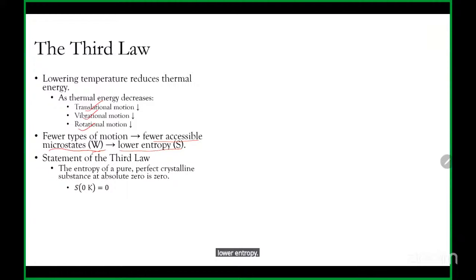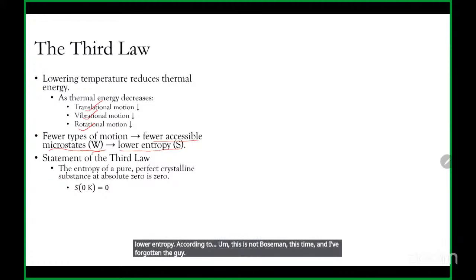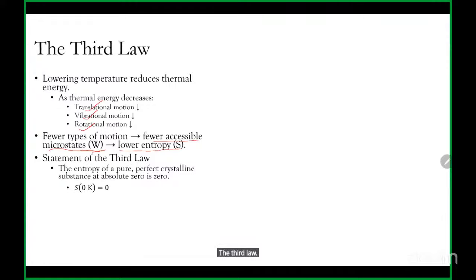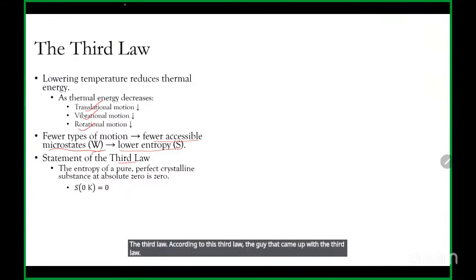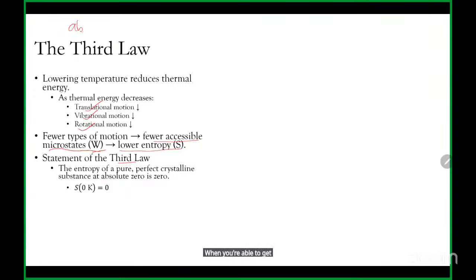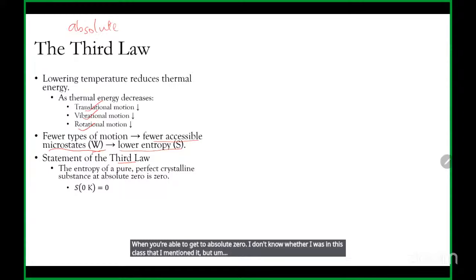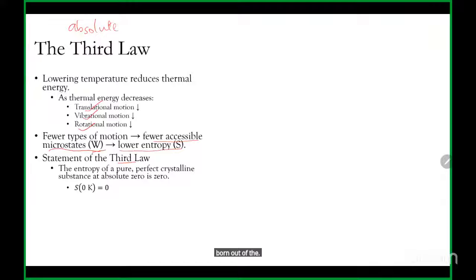According to, this is not Boltzmann this time around, I've forgotten the guy, the third law, the guy that came up with the third law, when you're able to get to absolute zero, the concept of temperature born out of the concept of heat and work done.